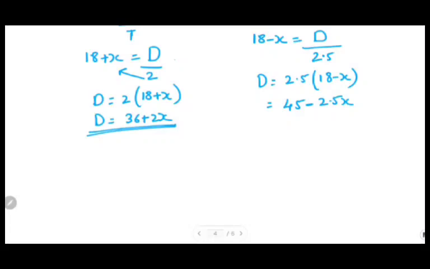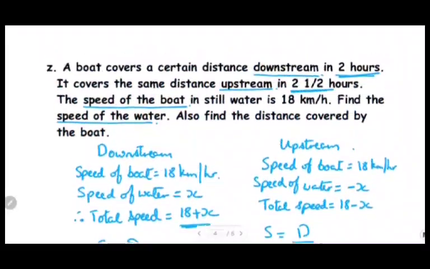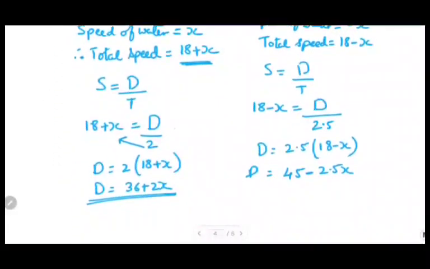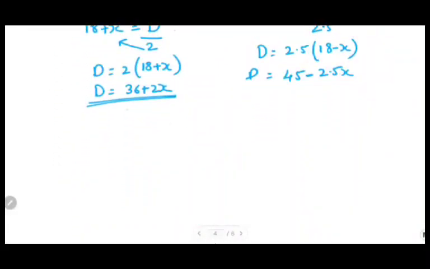Distance, however, is the same, correct? That's what they're saying. It covers the same distance, children. Learn to break the sum. Okay, so this distance and this distance is the same. So can I write 36 plus 2x is equal to 45 minus 2.5x.